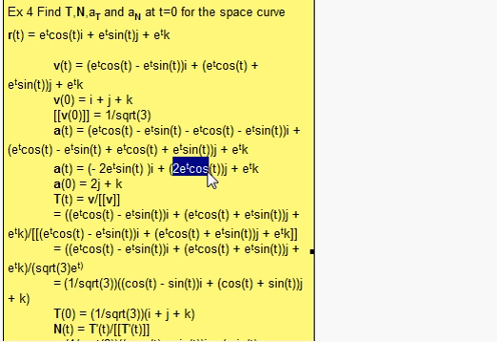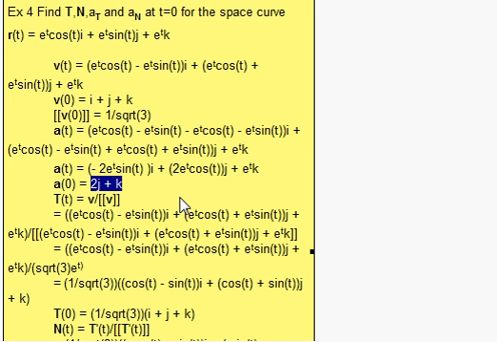And so we got 2 e to the t cosine t j plus e to the t k. So at 0, that would be negative 2 times e to the 0, which is 1, times sine of 0, which is 0, so it's 0i; 2 times e to the 0, which is 1, times cosine of 0, which is 1, so it's 2j; and e to the 0 is 1k, so we got 2j plus k.